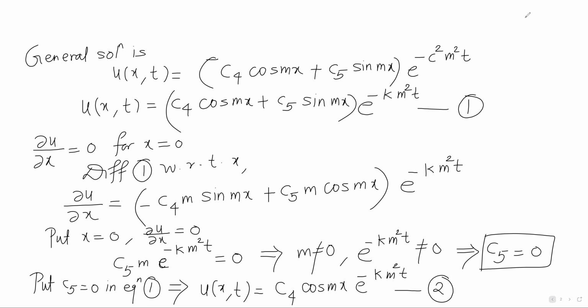So we'll write dabba u by dabba x is equal to, in this case, C4 cos mx. The derivative of cos is minus sin, so we'll get minus C4 m sin mx, and e raised to minus k m square t will remain as it is.